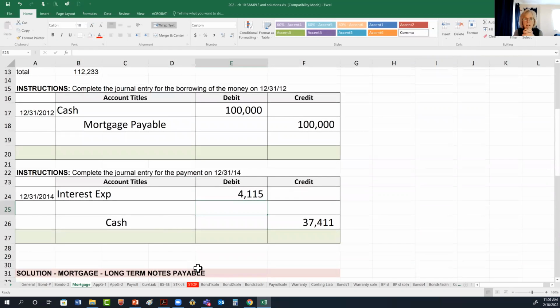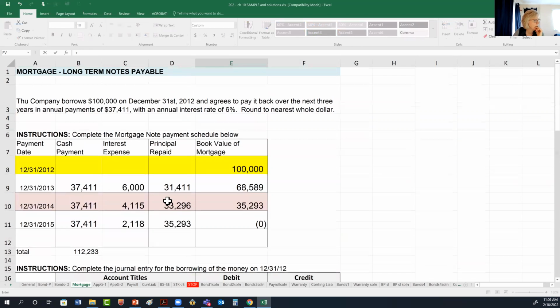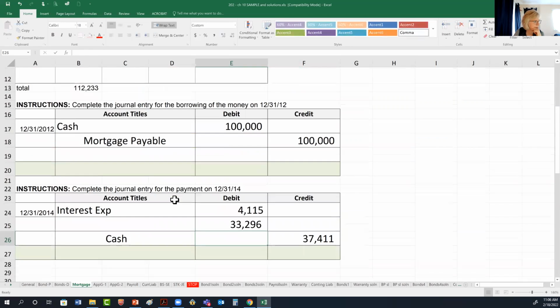And then what do we need to balance this? Well, we know what we need. How much do we need? We need this guy, but what are we calling that?